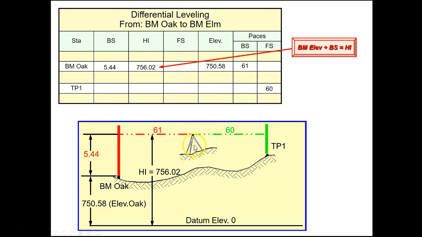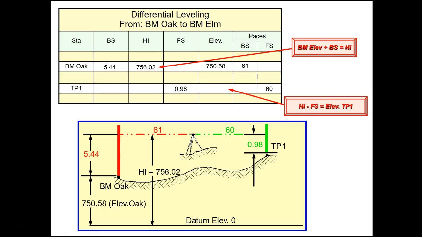We set this up, we left it alone, we took a back sight, we spun it around, and now we're taking a foresight onto that level rod at turning point 1, or TP1. We got our reading of 0.98. What do we do with that 0.98? It goes right up here. Under turning point 1, we took a foresight, and that's where that value goes, 0.98.